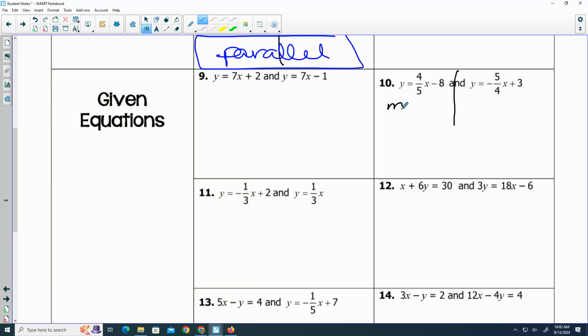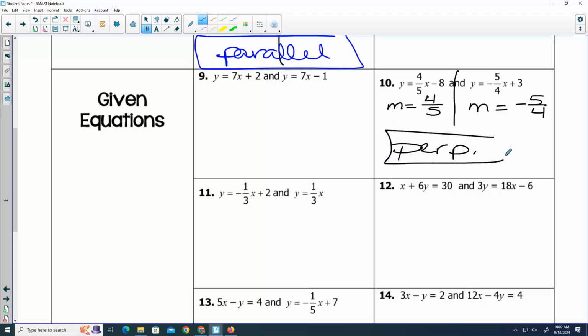What is my slope? 4 over 5 for the first line. Just a number in front of x. For the second one, they're not the same. Are they opposite reciprocals? Yeah, we flipped it and changed signs, so that means these are perpendicular.